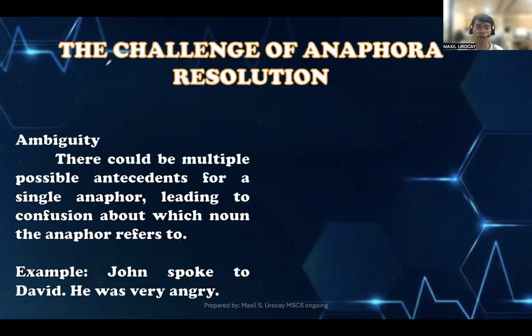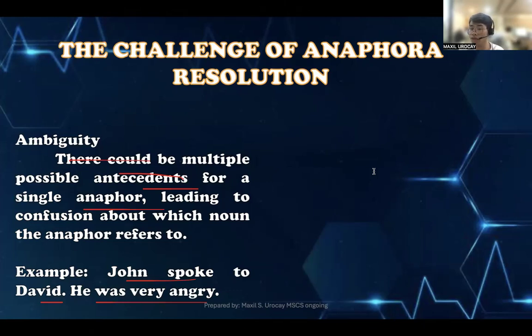Now, the challenge of anaphora resolution is the ambiguity. There could be multiple possible antecedents for a single anaphor, leading to confusion about which noun the anaphor refers to. Say, for example, John spoke to David. He was very angry. So, what is confusing here? The first challenge here is the ambiguity. John spoke to David. He was very angry.